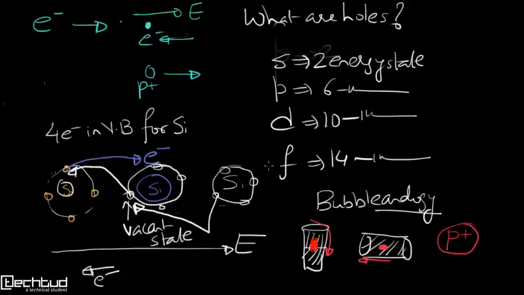The vacant states are moving, and you will see this empty state moving like this. The electrons move from a filled state to the other, filling that state, and this state is now left behind, so you can say it's open. So this is the bubble analogy you can use to understand holes.